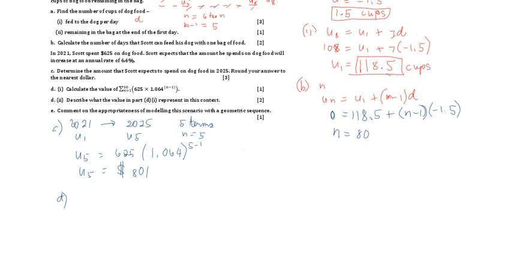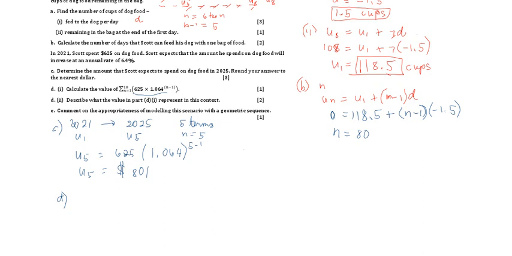For letter D, this is simply encoding. We have this in our template. So you just encode this where we will have our 6.25, exactly the same thing, n minus 1, 5 minus 1, 4.